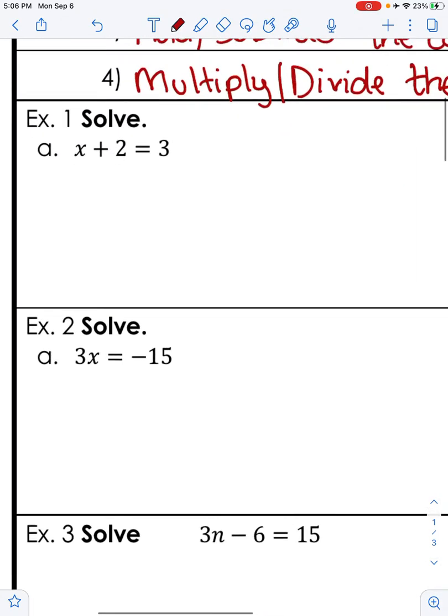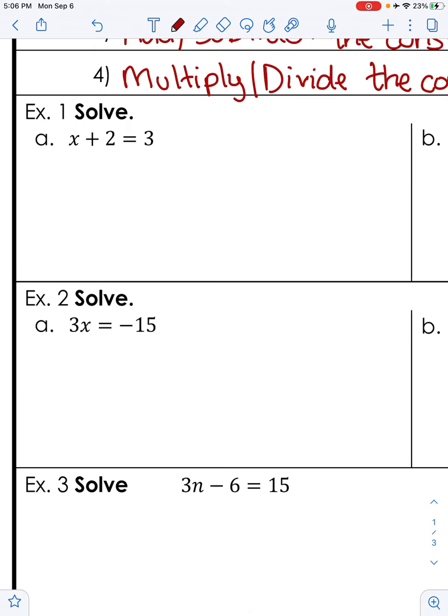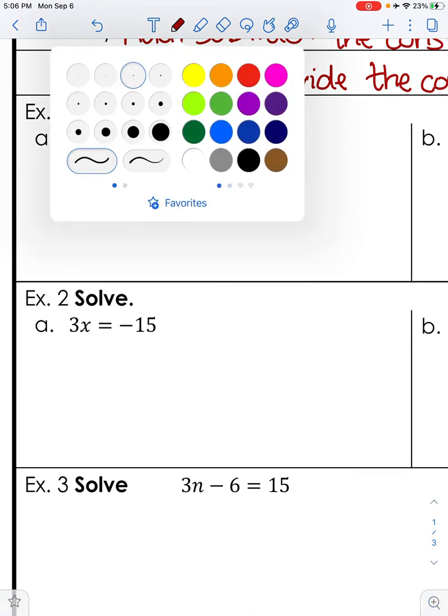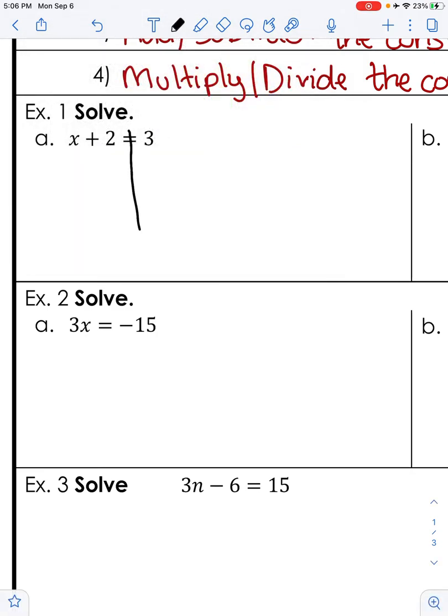So look at example 1a. We have x plus 2 equals 3. We're going to start off by always drawing a line through the equal sign. So we're going to write that step, step 1. Draw a line through the equal sign.